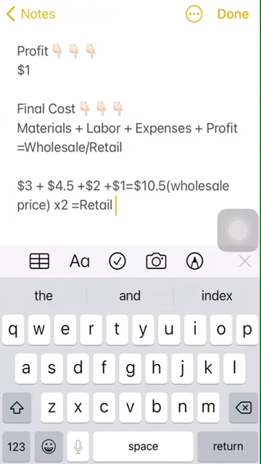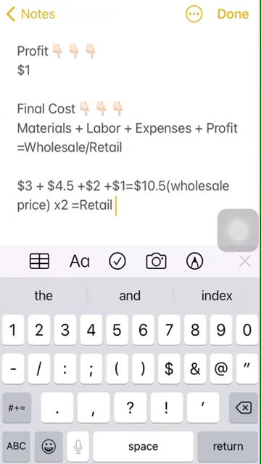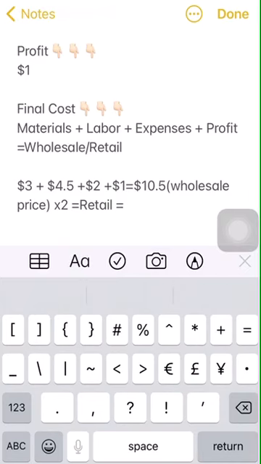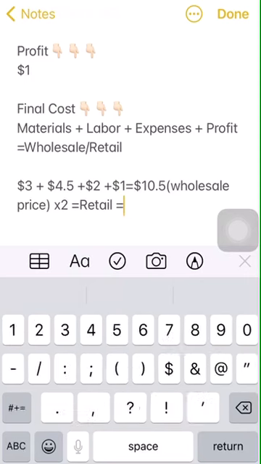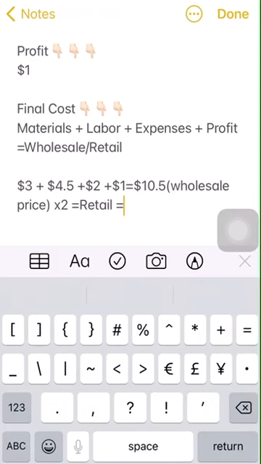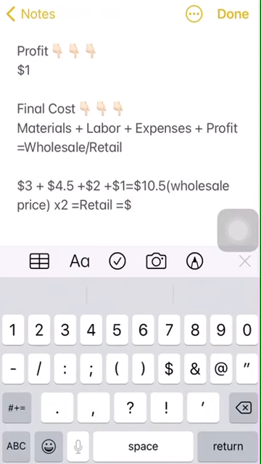So 10.5 times 2 will be $21. So you can decide to sell it at $20. So $20 for retail price, $10 for wholesale price. Some people actually do it half. You can actually make it $15 for retail price and then $10.5 or $10 for wholesale price.